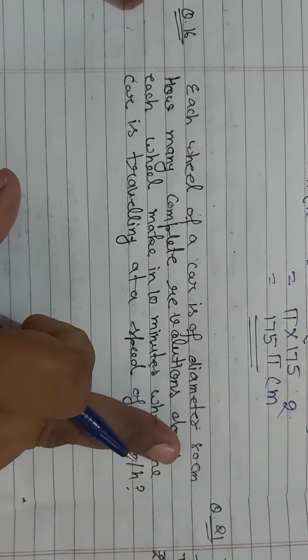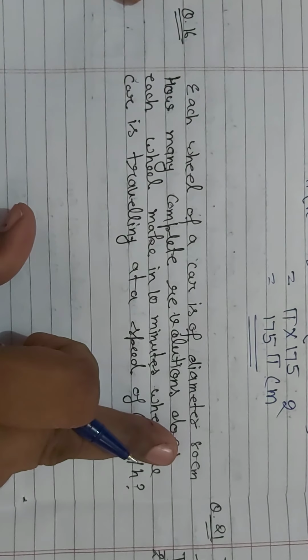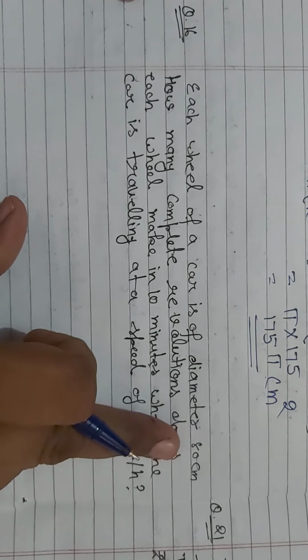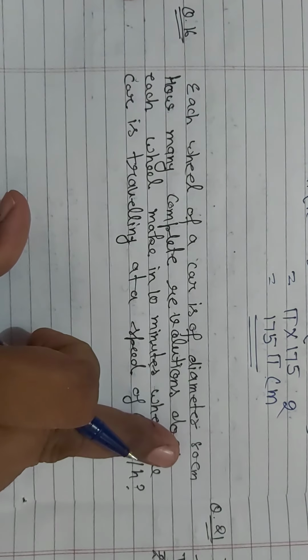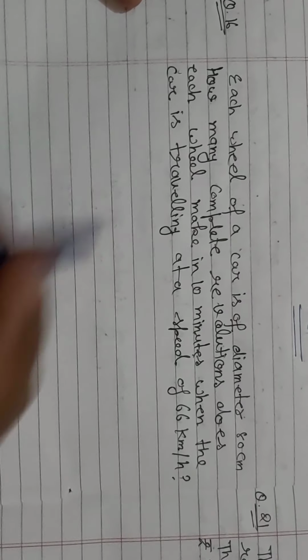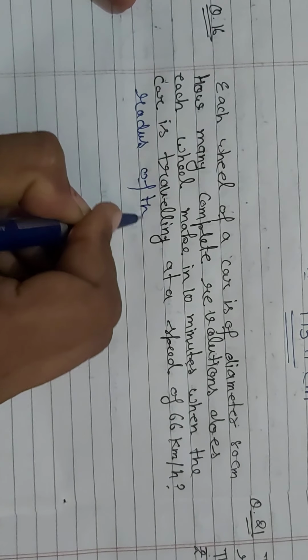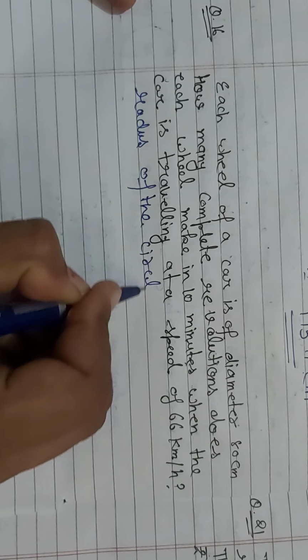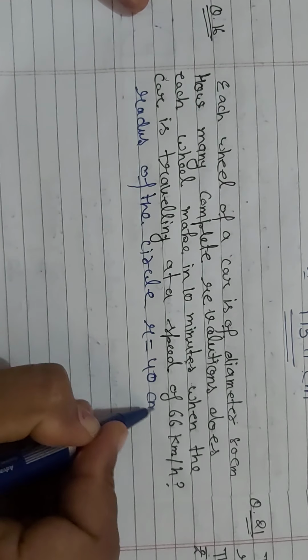Each wheel of a car is of diameter, the wheel, 80 centimeter. That means this is the diameter of a circle. If we have the diameter of the circle, then we find the radius of the circle. r equals half of diameter, 40 centimeter.